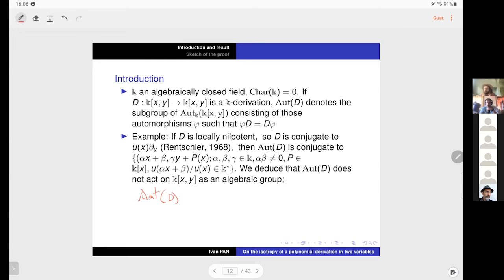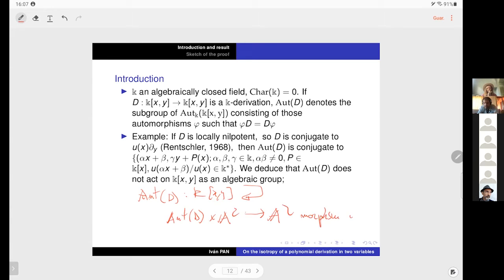We say that a subgroup of the polynomial automorphism group is an algebraic group if it is an abstract algebraic group in such a way that the action of the group on the polynomial ring, which defines a map like that, is an algebraic map, a morphism of varieties.